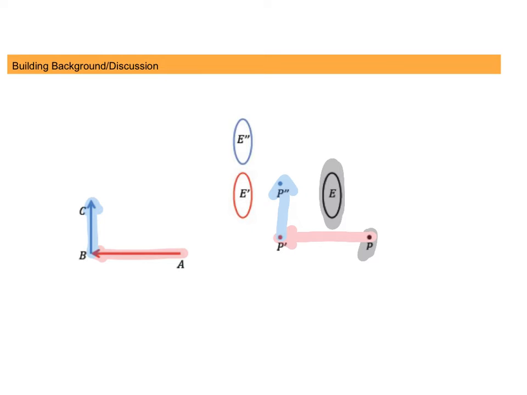Okay, the same thing happens with our ellipses off to the left or the right. We start with just the shape E, and it first moves along vector AB and becomes E prime, and it then moves along vector BC and becomes E double prime. So there's two movements overall because we had two vectors overall.